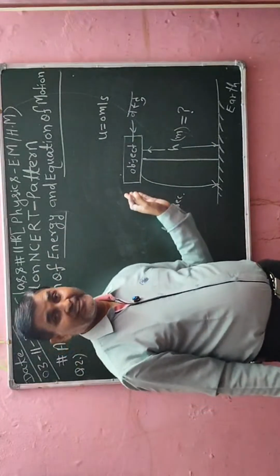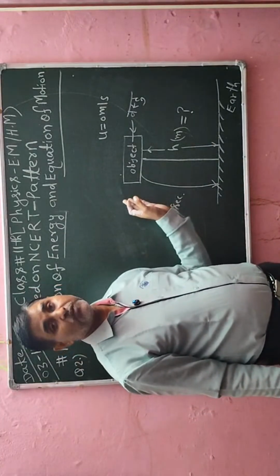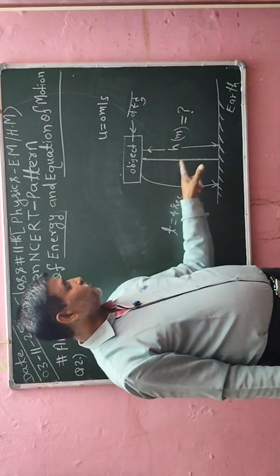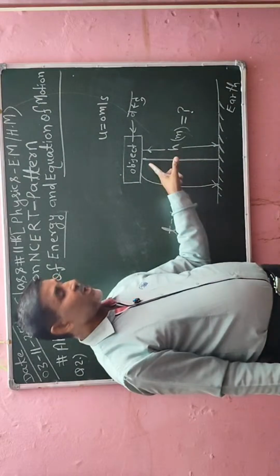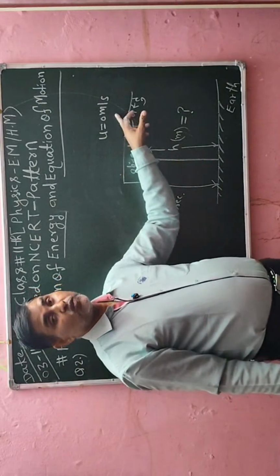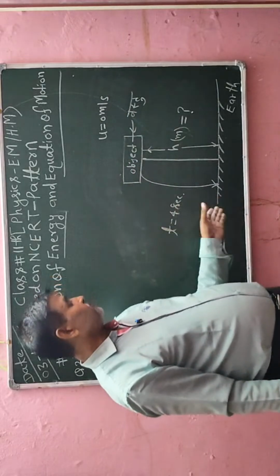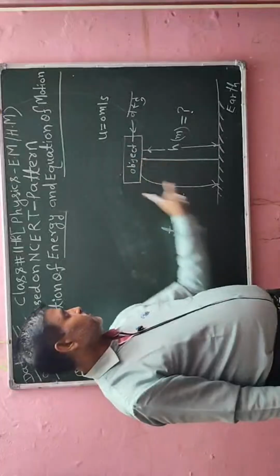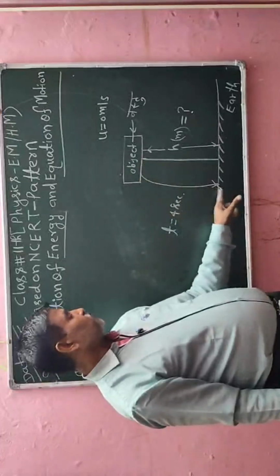So students who are reading in English medium, that is the CBSE board, can understand the concept clearly. If the object is located at h meter height and is not moving, its initial velocity will be 0. Now it moves from rest to the ground.